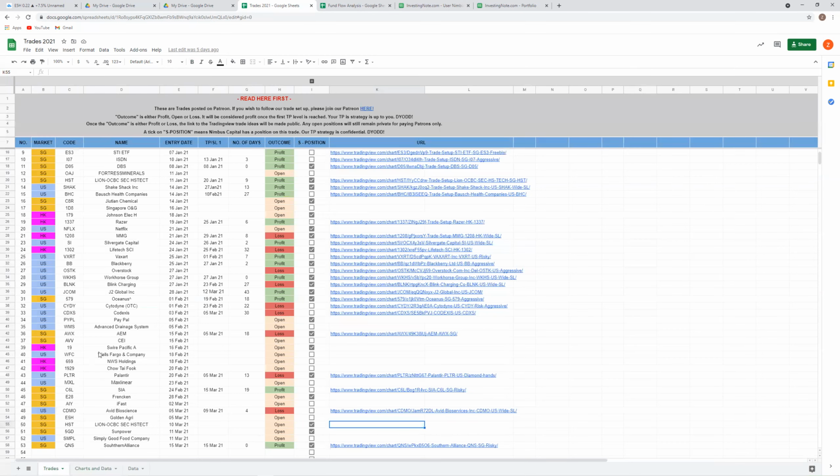Just so everyone is on the same page, on this read here first, I do explain that the moment the first TP level is reached, it is considered profit, because the first TP level is designed in a way that you will at least get a 1-to-1 risk reward ratio.